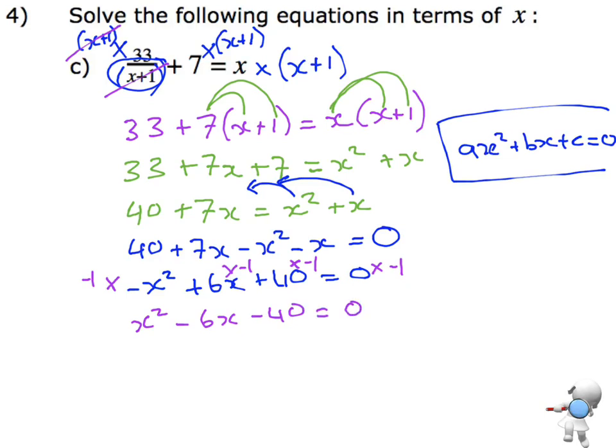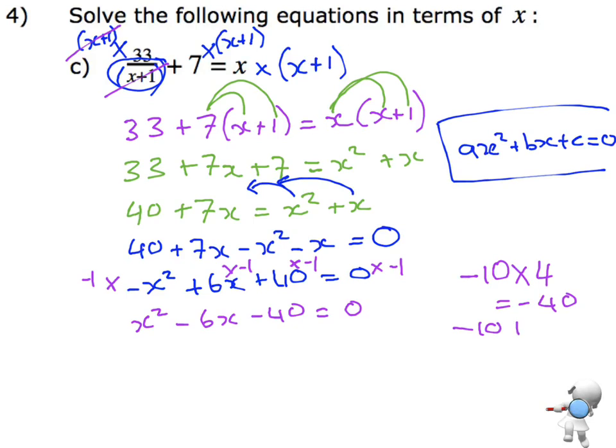Now I've got a quadratic, so I want to be able to solve this quadratic. I want to try and factorise it. So I want to find two numbers that multiply to negative 40 and add to negative 6. If I do negative 10 times 4, then that gives me my negative 40.